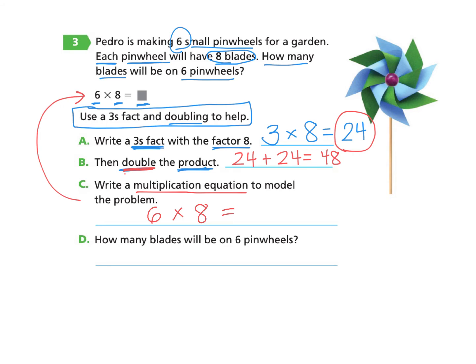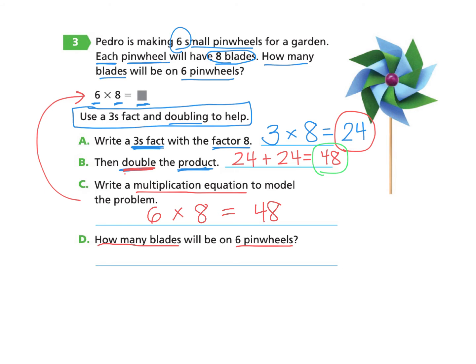And so when we multiply 6 times 8, we will get the answer 48, which is the same answer we received here in the product when we doubled 3 times 8. So the final question asks what it asked in the beginning. How many blades will be on 6 pinwheels?